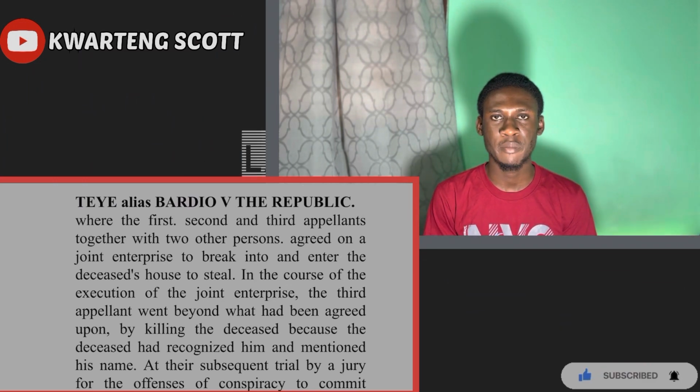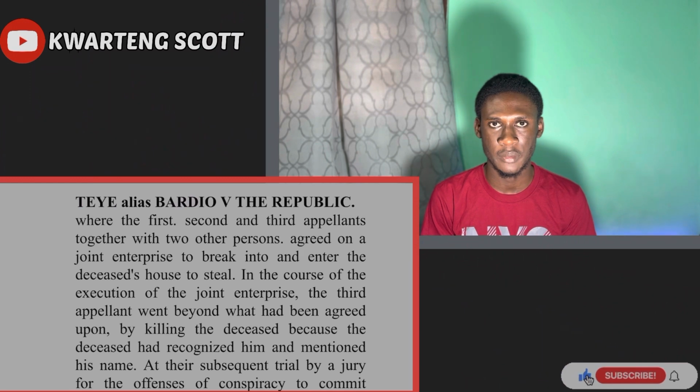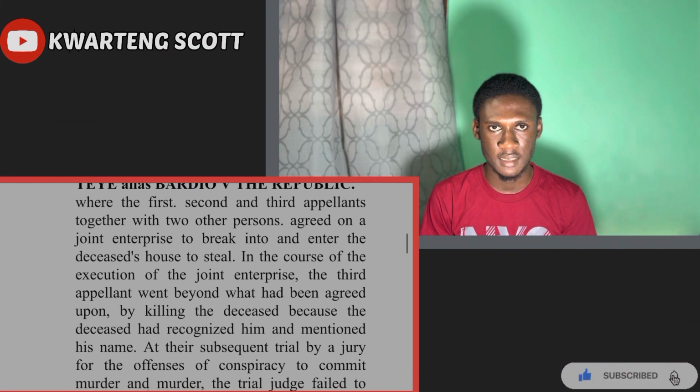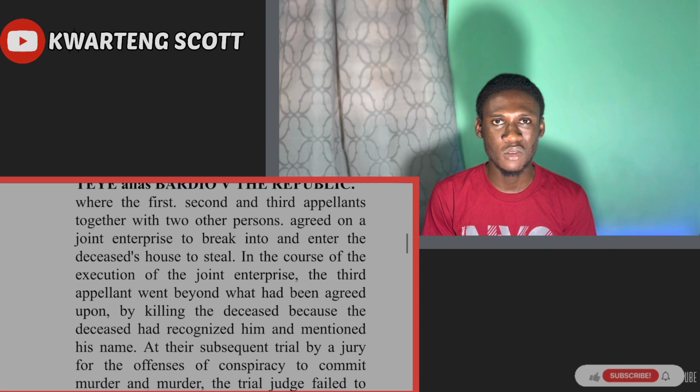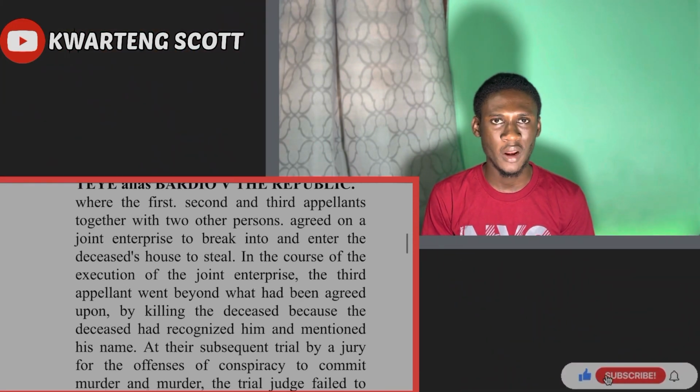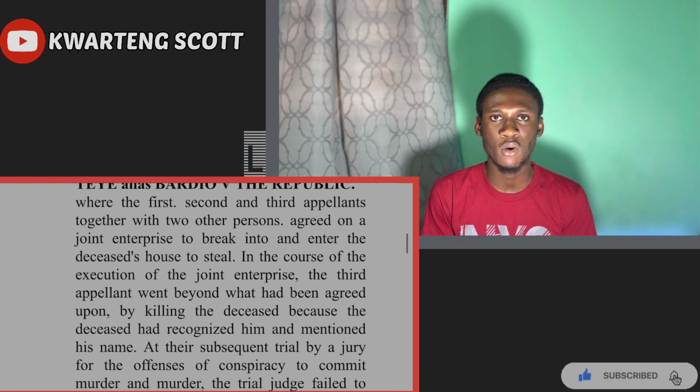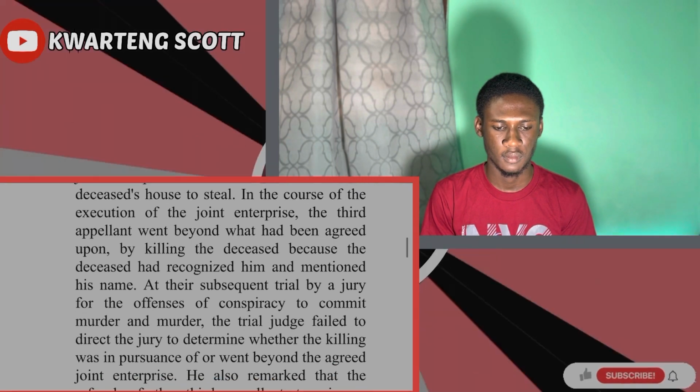In this case, three people went to steal something. In the act, they ended up killing the person who was in the house. They all agreed to go and steal, but they didn't all agree to go and kill anyone in the house. You get it?